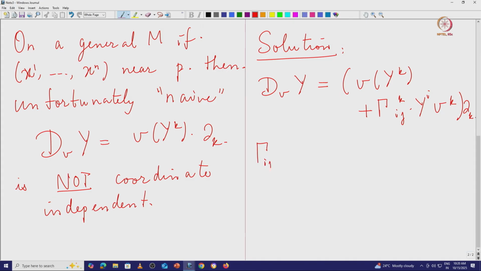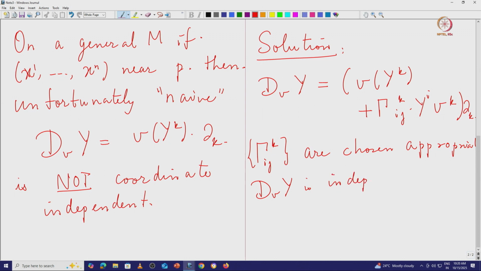If these numbers are chosen appropriately, then this is actually independent of the choice of coordinates.